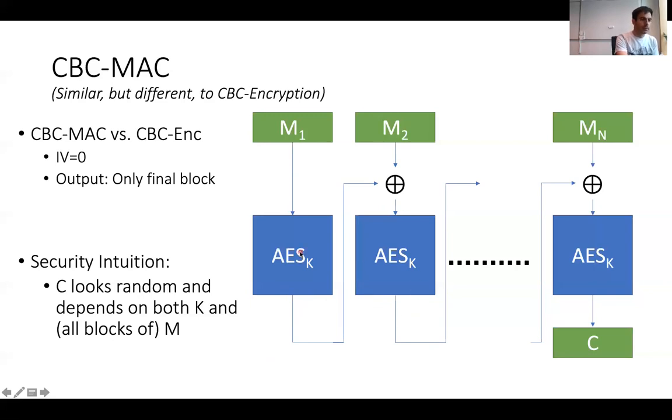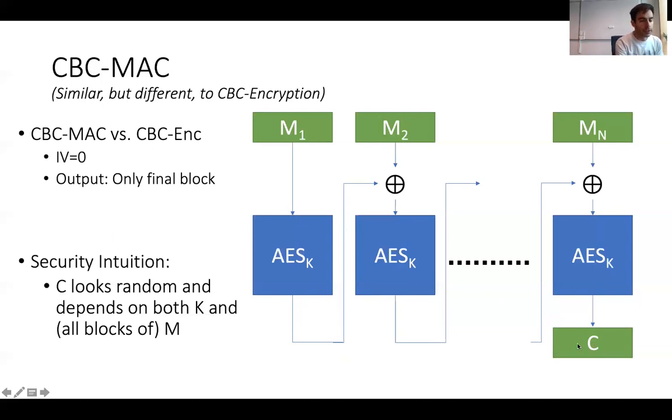So those are the differences between CBC-MAC and CBC encryption. The graph is similar, but the goal is very different. In one case, you're trying to hide a message. In the other case, you're trying to authenticate the message. And then the algorithm itself is different. In one case, you have an initialization vector, and you output all the blocks. In CBC-MAC, instead, you don't have an initialization vector, and you only output the last block.